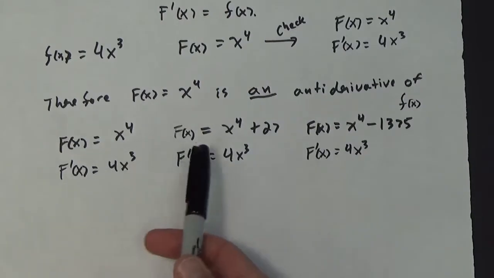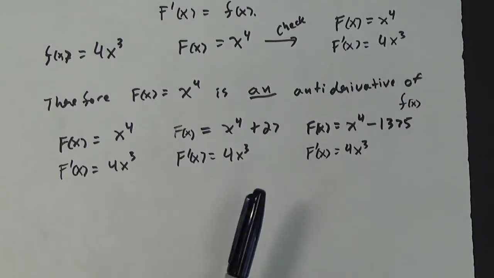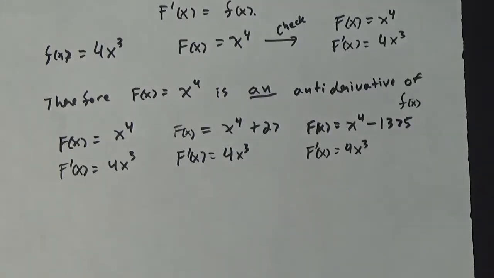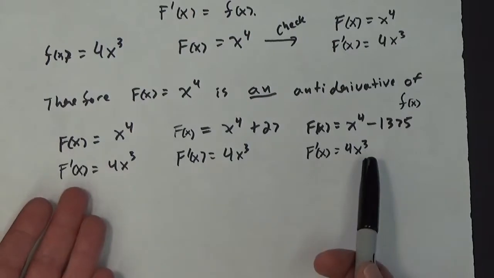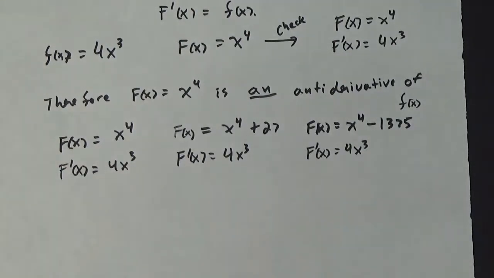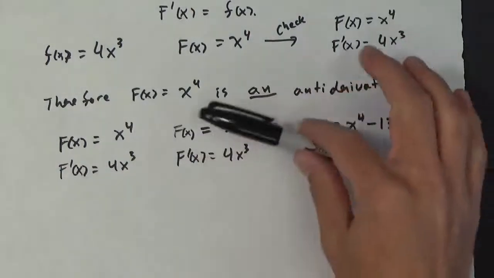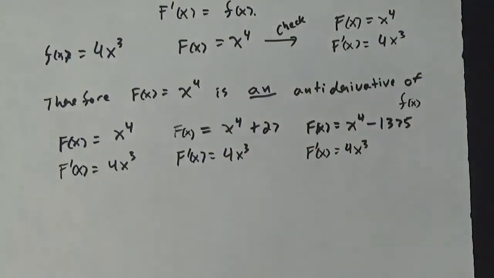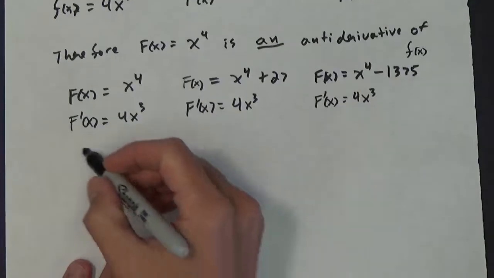Essentially, the only difference between these is that we have a constant that I've added or subtracted. All of these are correct, and we're not exactly certain which one is the actual antiderivative.